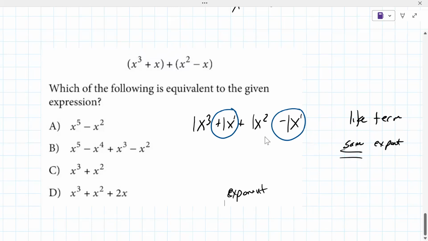So what do they combine to? 1x and minus 1x. Say that again. You're not even making any effort here. 1x minus 1x.